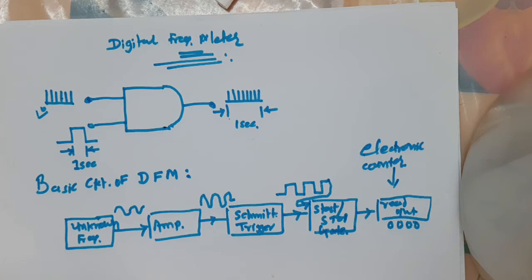When this gate is disabled, the counter stops counting the incoming pulses. The counter displays the number of pulses that have passed through it in the time interval between start and stop. If this interval is known, the unknown frequency can be measured.